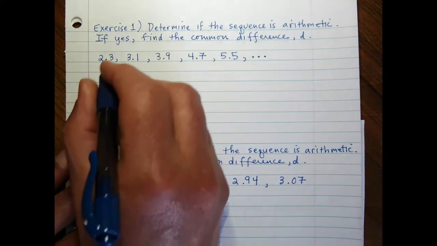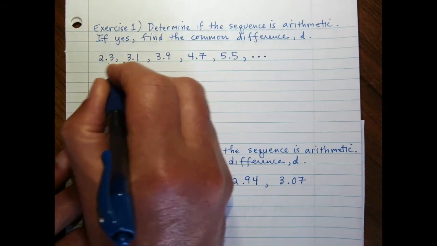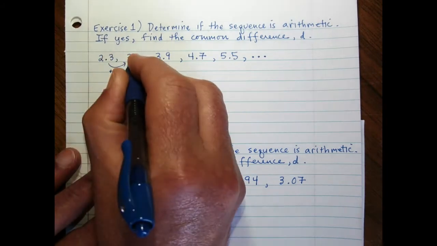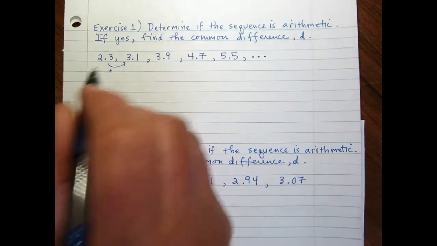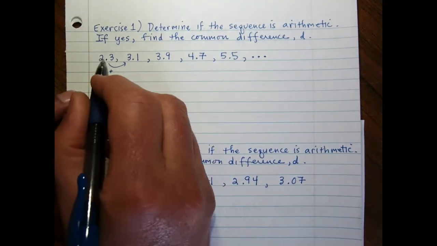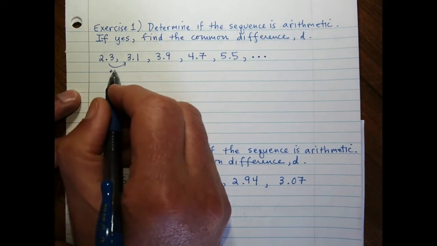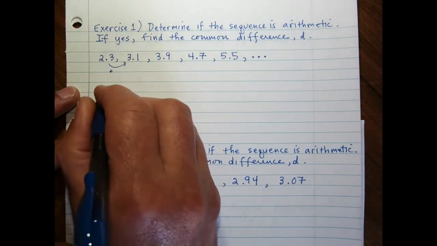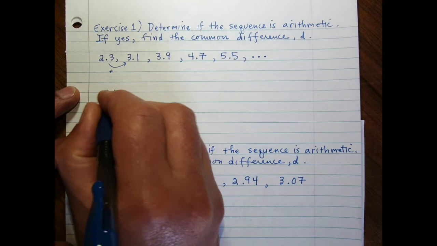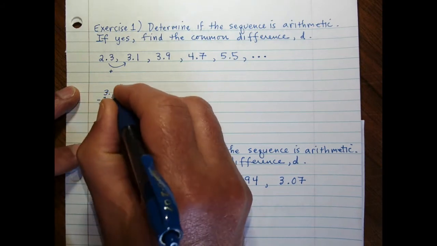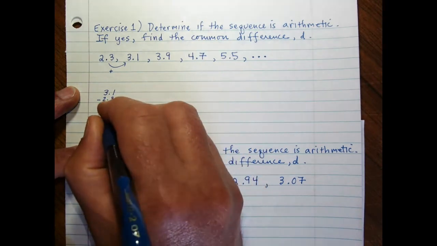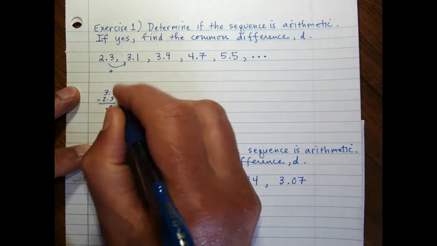So we're really asking ourselves, what can I add to 2.3 to get 3.1? The way I would figure that out is, 2.3 plus what is 3.1? I would take 3.1 minus 2.3, which I think is 0.8.